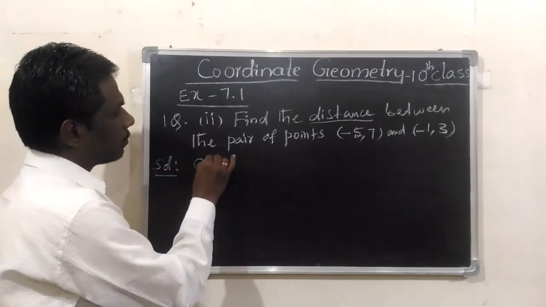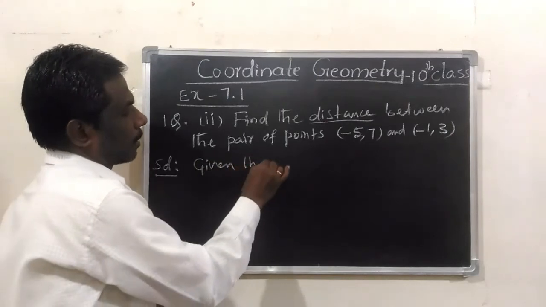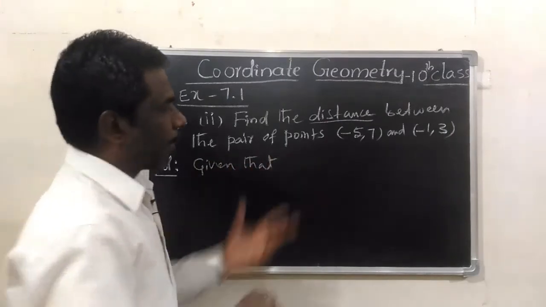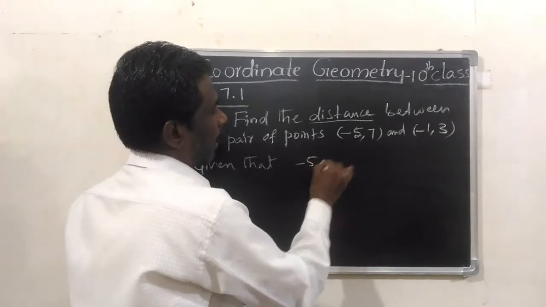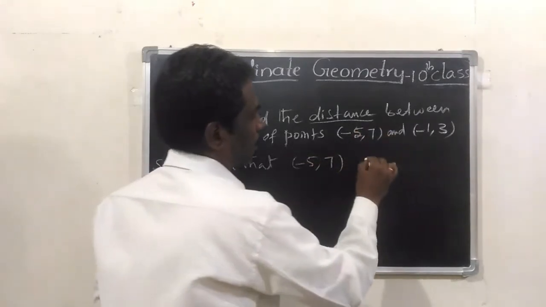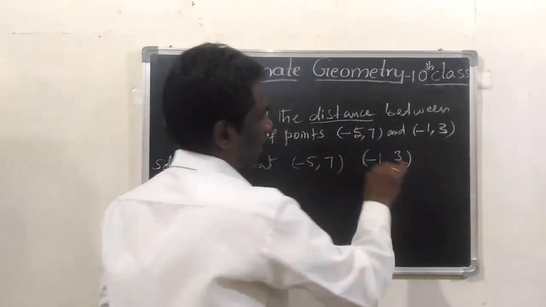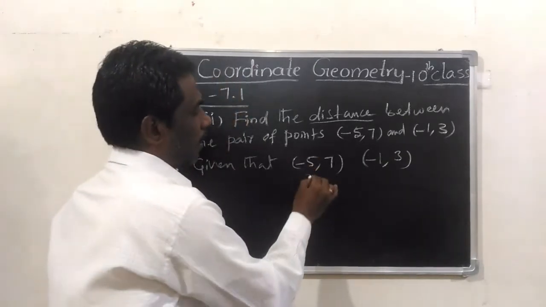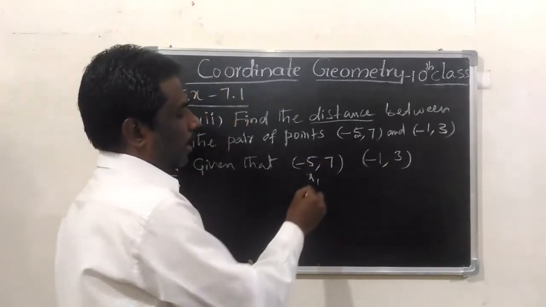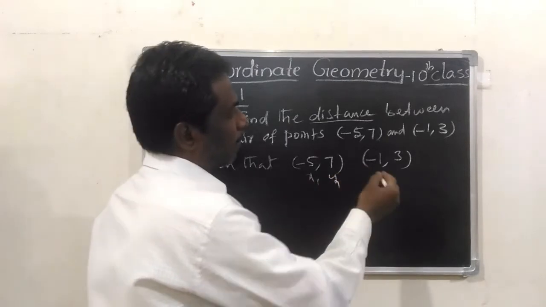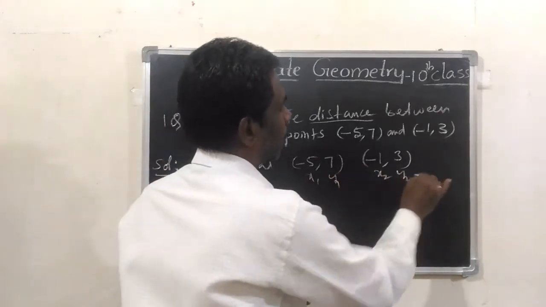Solution. Given the two points (-5, 7) and (-1, 3). Let the first point coordinates be x1, y1 and the second point coordinates be x2, y2.